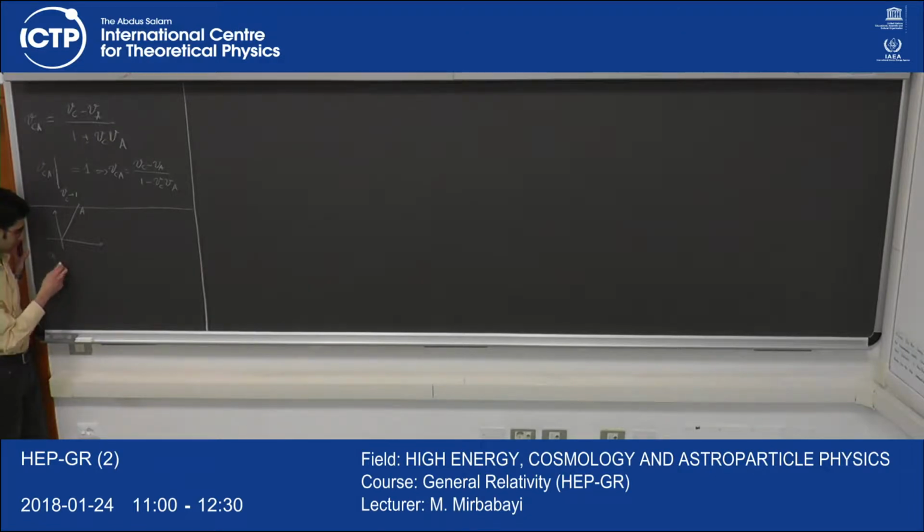So we said that x is equal to VA t, or xA is equal to VA t. I have already given a parameterization of the world line when I write this. What's the meaning of parameterization?